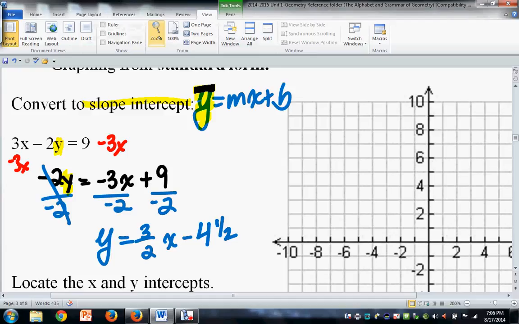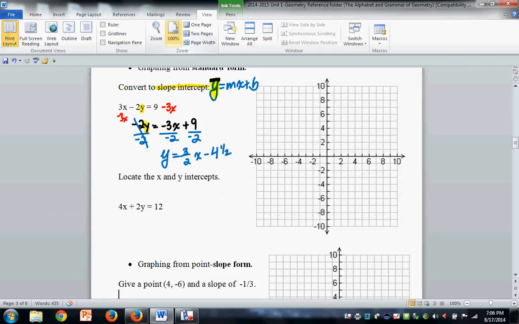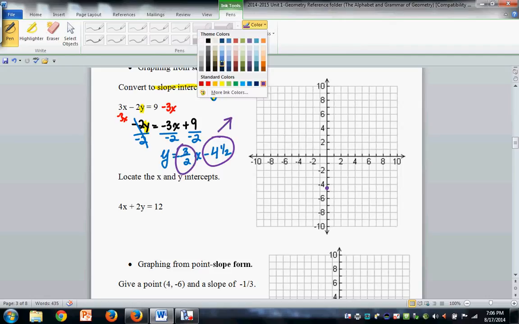So now to graph this, we start by graphing the intercept, which is negative 4.5. So negative 4.5 is right there. And now we have a positive line up from left to right.